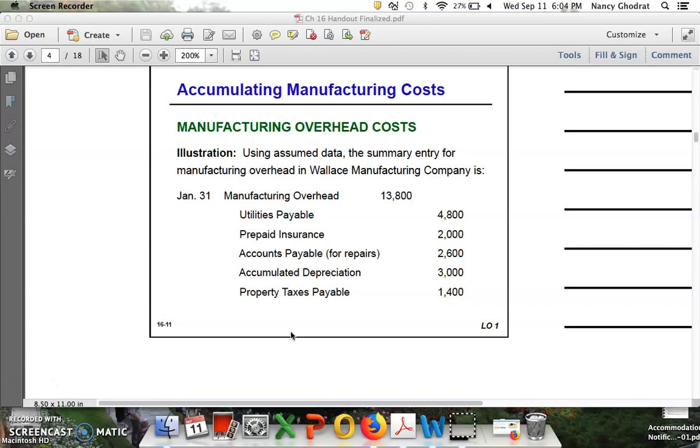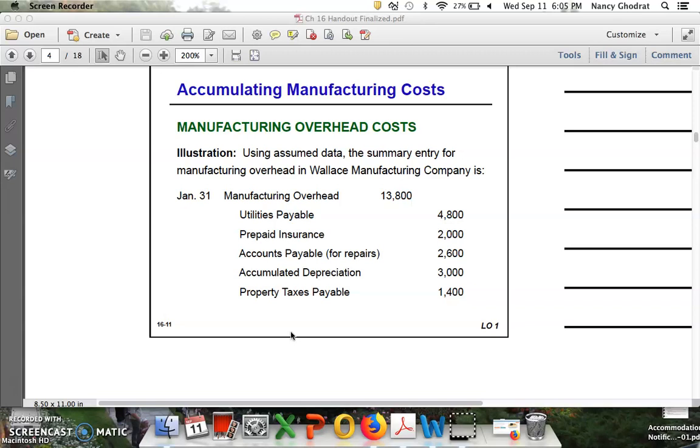Manufacturing overhead also includes repairs of $2,600 that in this case they haven't paid for yet, so that's why they credited accounts payable, and accumulated depreciation.